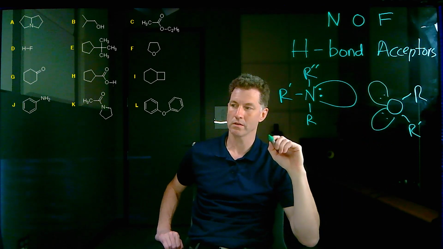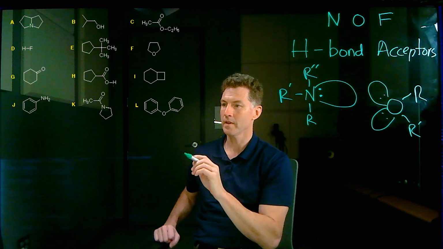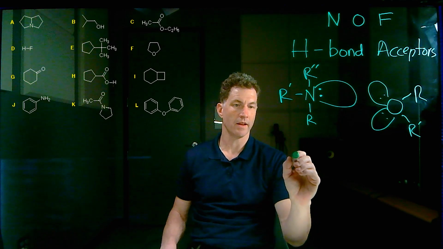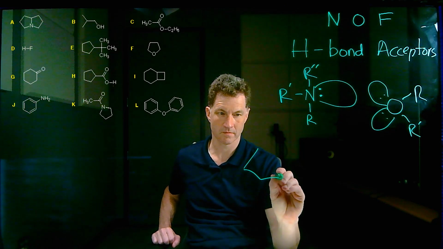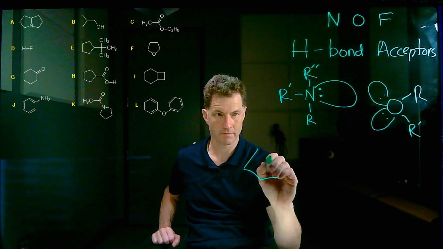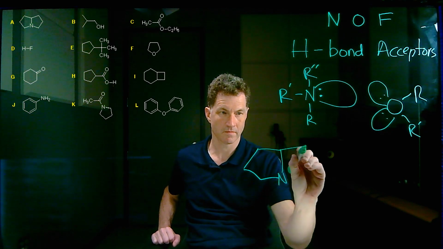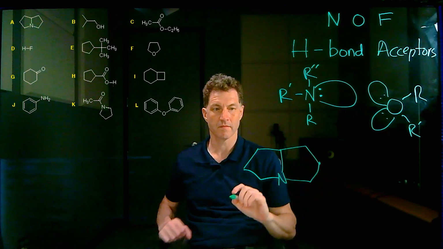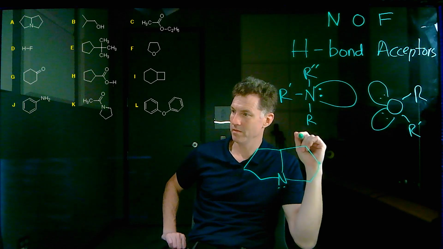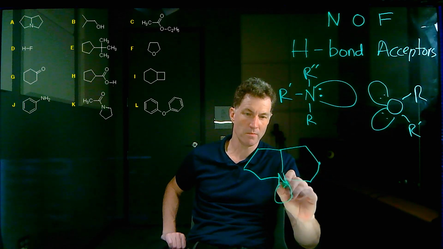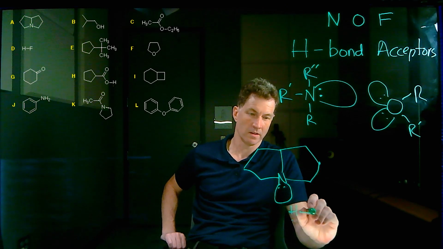And so as we survey our series of options here, we can see that in the case of molecule A, we have a nitrogen atom. This is good. So we have a lone pair that can accept a hydrogen bonding interaction.